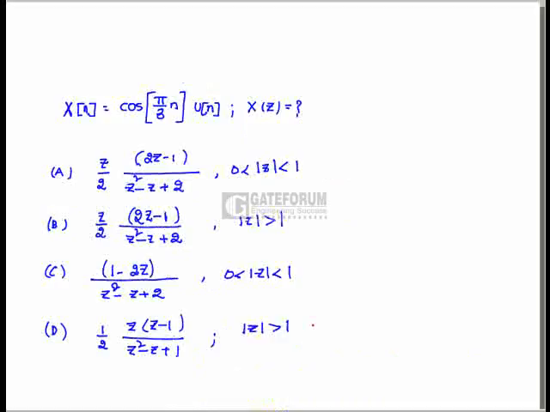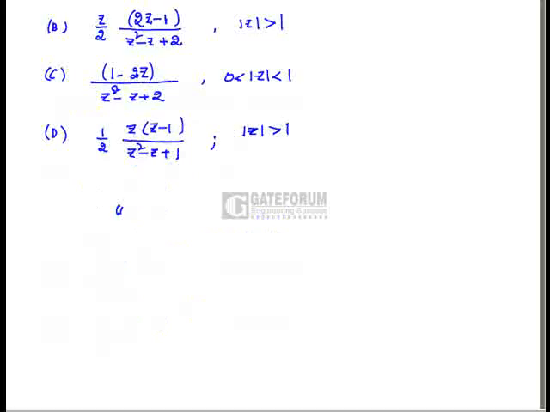Here we have to find the z transform of the given function x of n equals cos of pi by 3 n u of n. We know cos theta equals e power j theta plus e power minus j theta by 2.